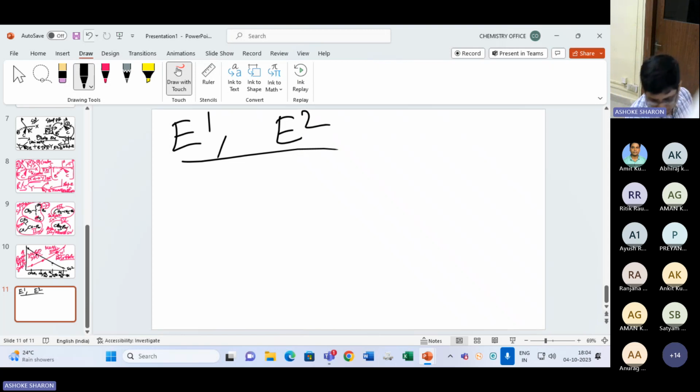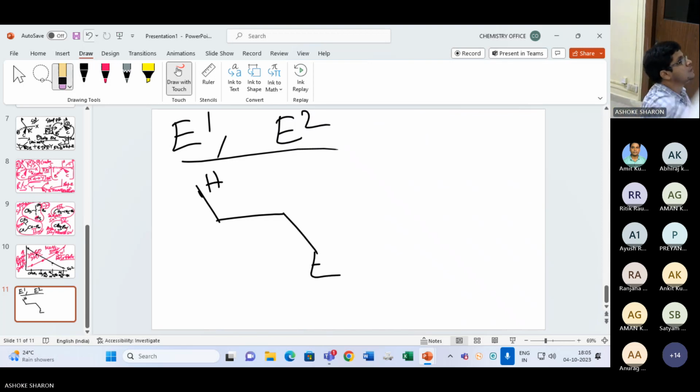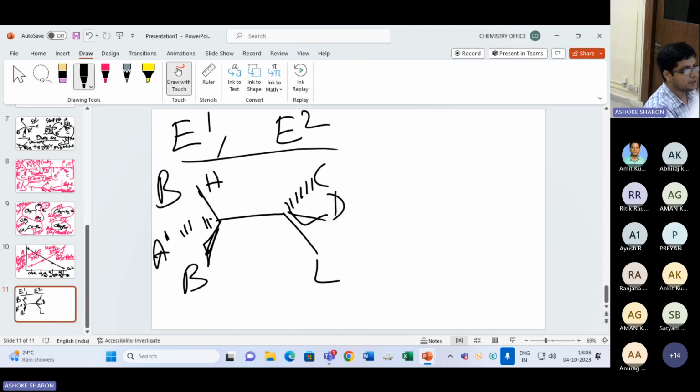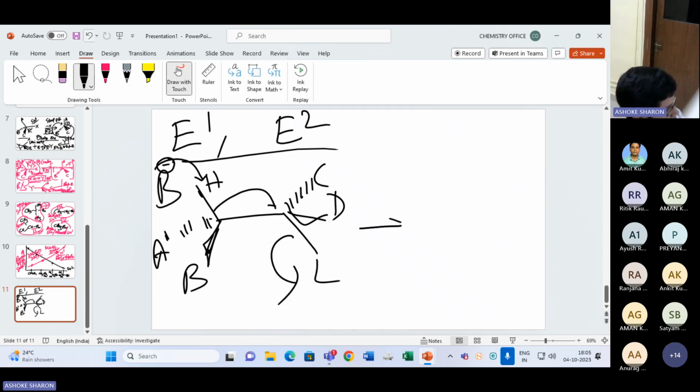Okay. Let's consider it this way. If I consider this as A, B, C, D, when you add a base, that base will attract and remove the proton. Then what will you get from here?